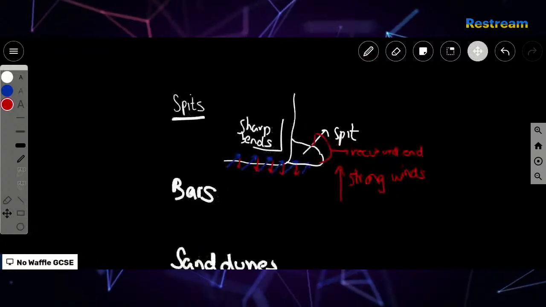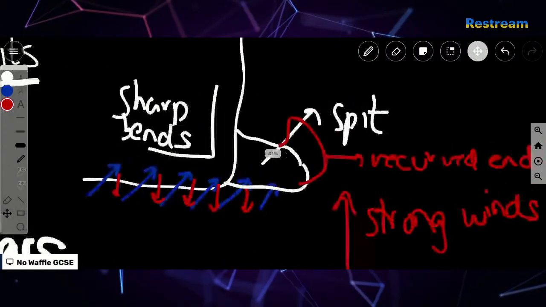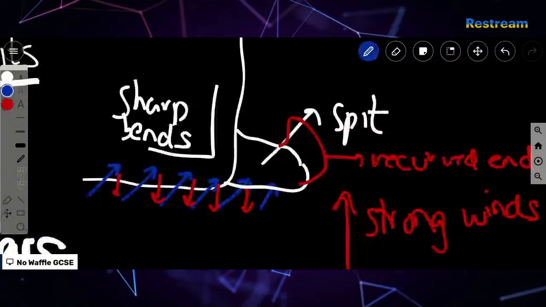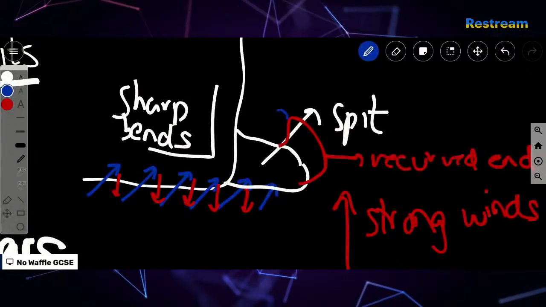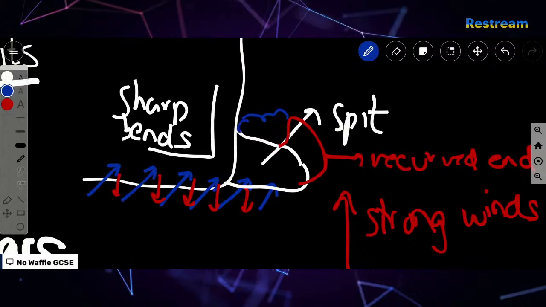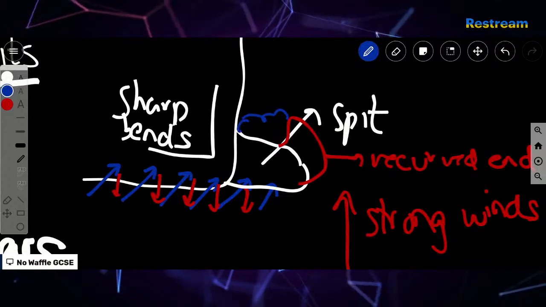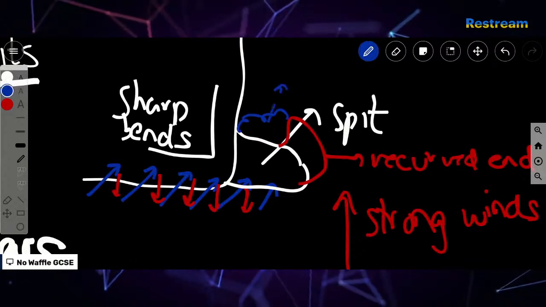Now, another feature of a spit is the area behind. Because a spit is being formed, this area behind is now protected from erosion. And this is then called a sheltered area.